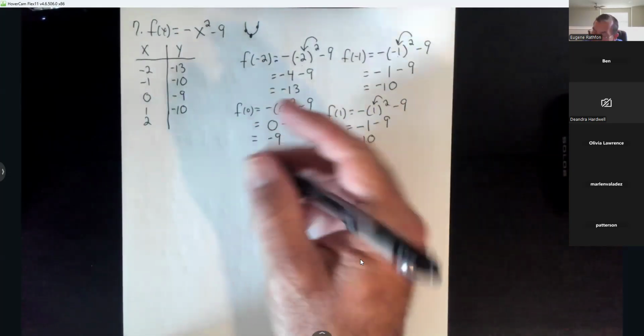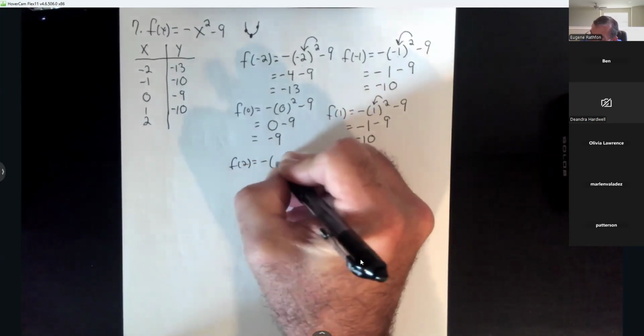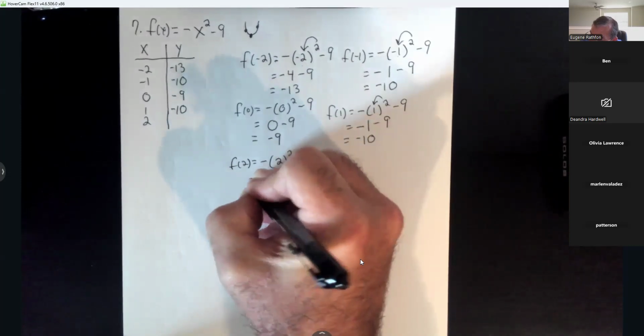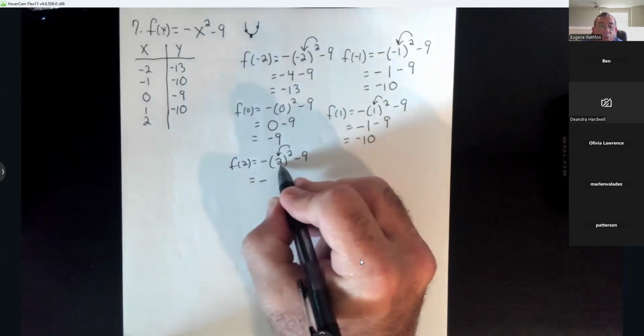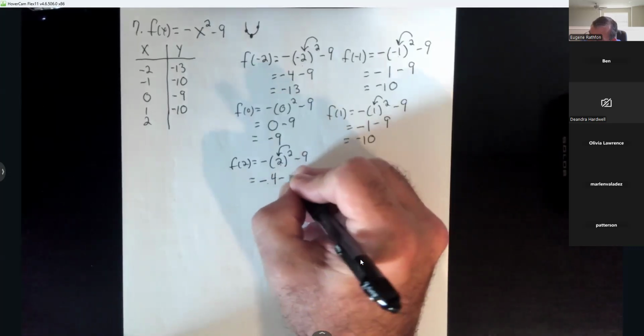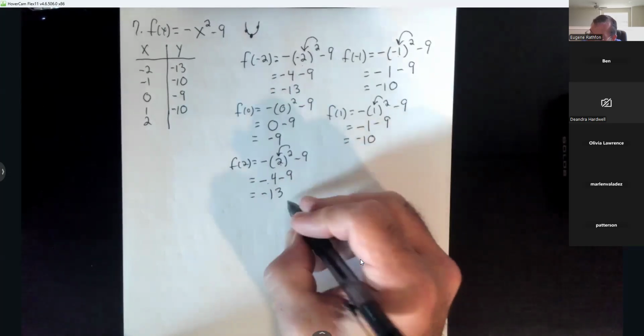And then finally, f of 2 will equal negative times 2 squared minus 9. So I'm going to bring down my negative. 2 squared is 2 times 2, which is 4. So that's going to give me a -4 minus 9, which is -13.